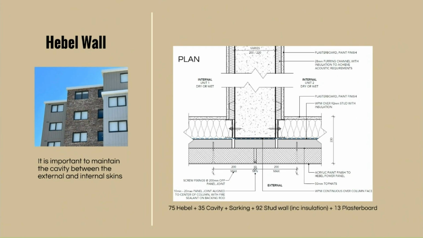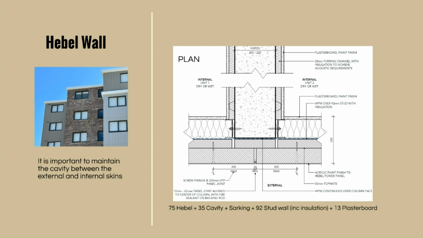Let's talk first about the hebel wall. Hebel wall is a very common wall. It would include 75 millimeter hebel and a 35 millimeter cavity. That cavity is important for weatherproofing because if there is any moisture or water, it would be stopped in that cavity.